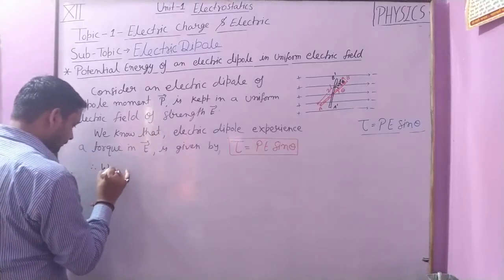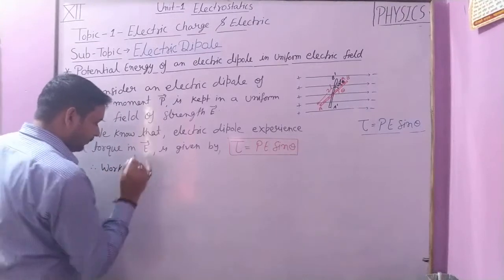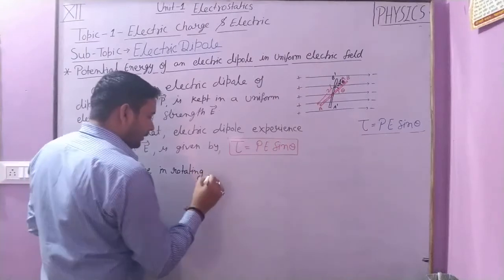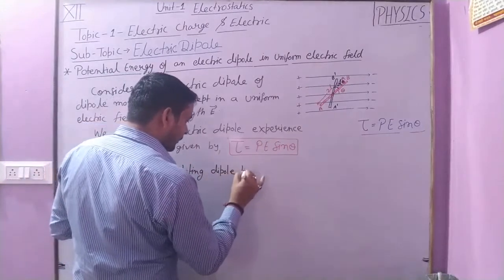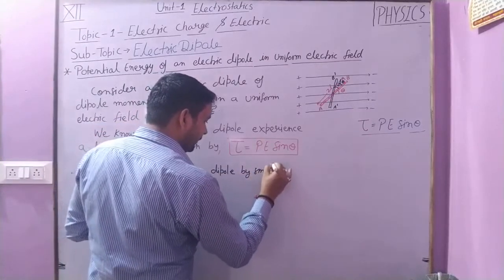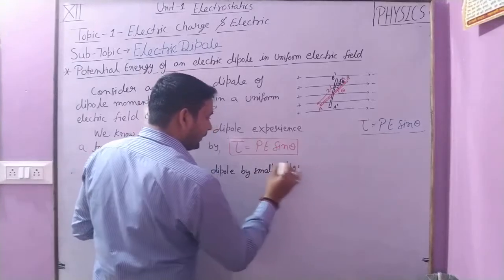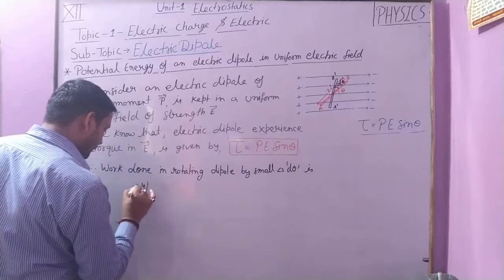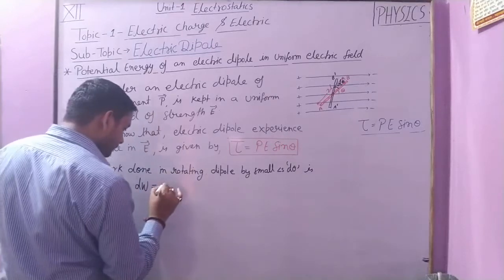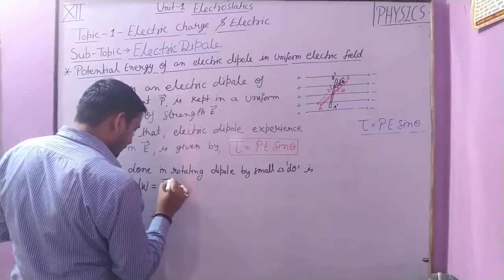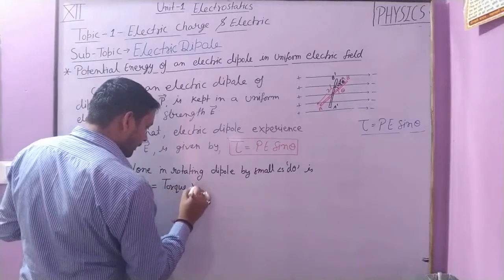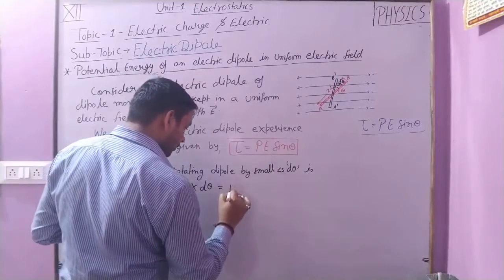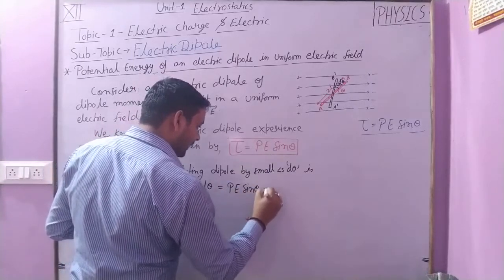Therefore, the work done in rotating the dipole by a small angle d theta is dW is equal to torque into d theta, and this torque is equal to PE sin theta, so dW is equal to PE sin theta d theta.